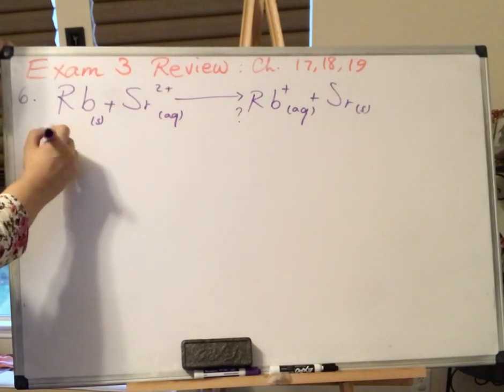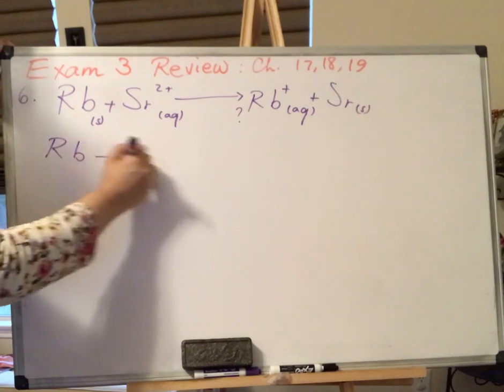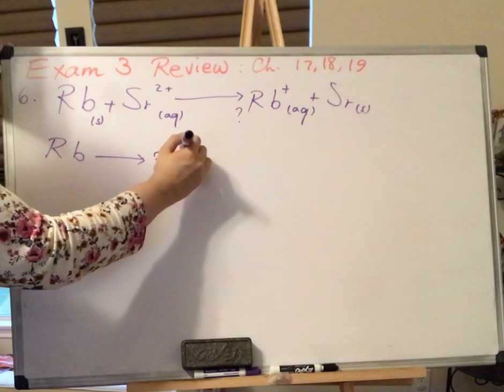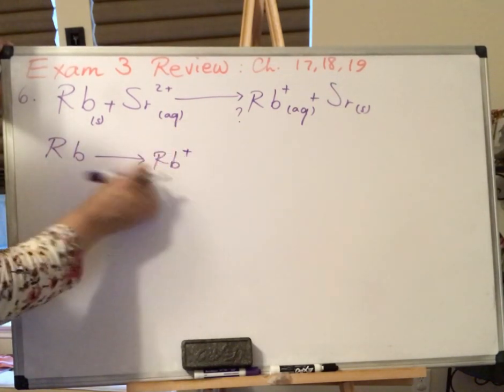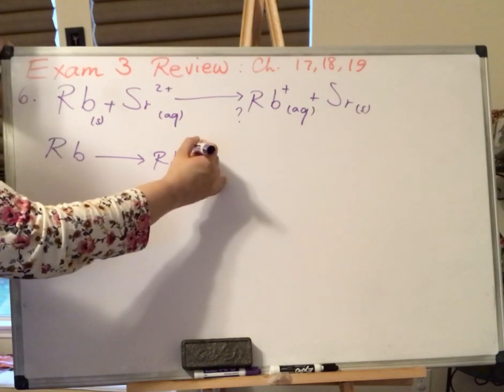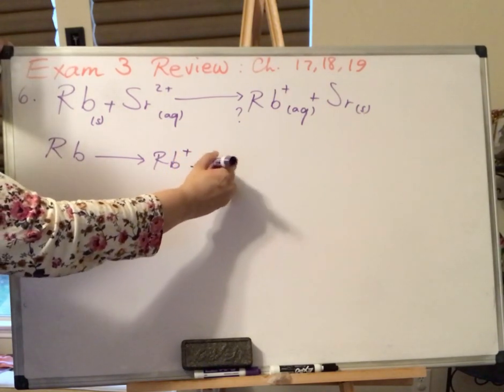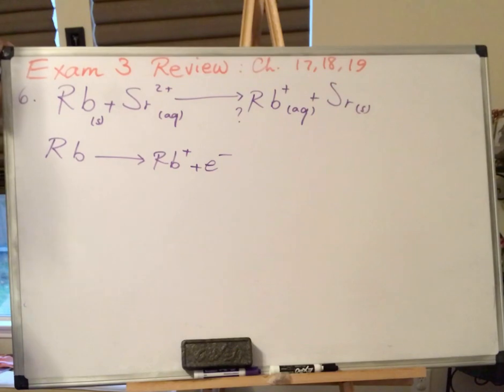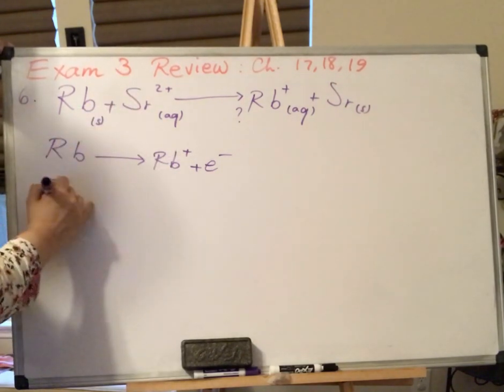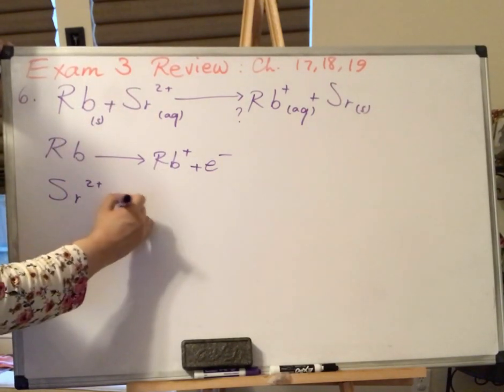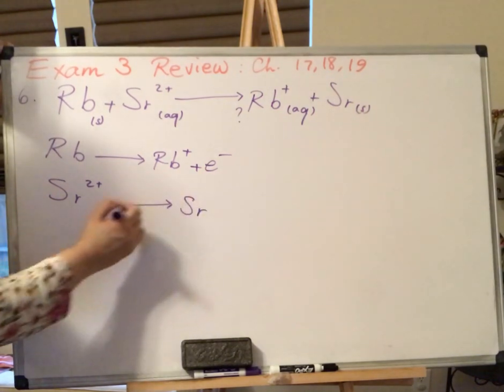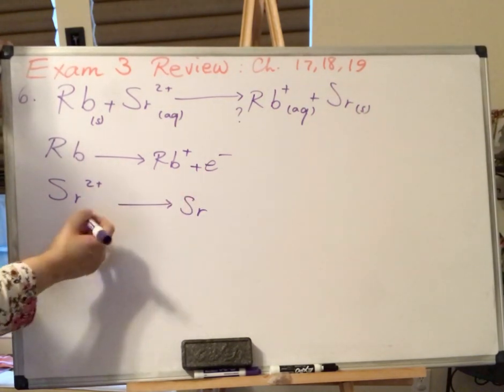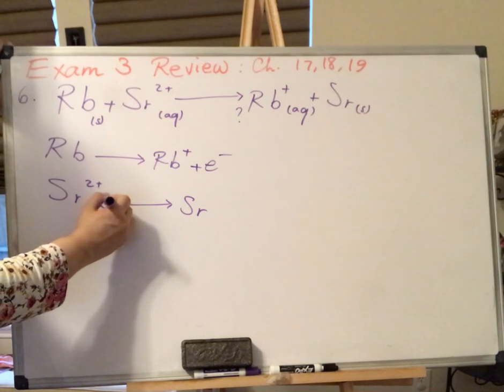coefficient for rubidium ion. So let's build the half reactions. Rubidium to rubidium ion, the masses are balanced, so we need to add an electron to the more positive side, which is 1 electron. For strontium, it's going from positive 2 to strontium solid. Again, masses are balanced, but we need to add electrons to the more positive side.